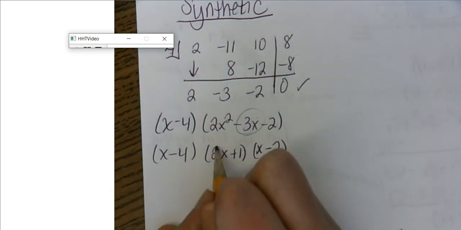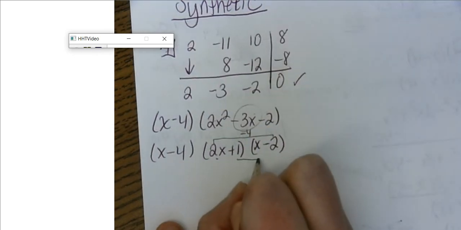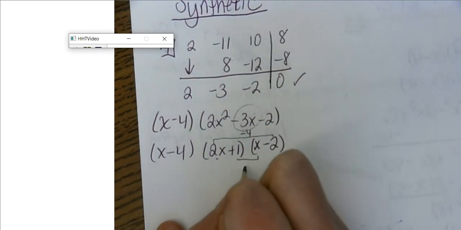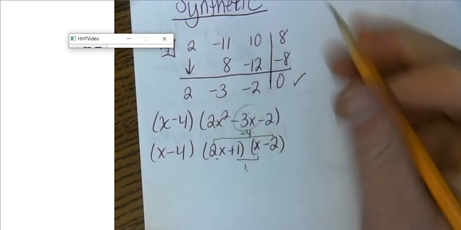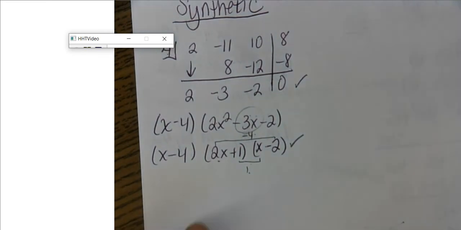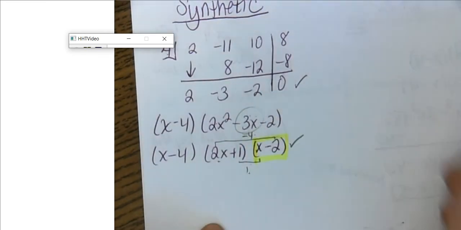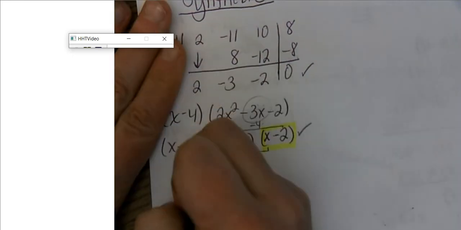So I'm going to go 2 times negative 2, which is negative 4, and 1 times 1 is equal to 1, and negative 4 plus 1 is negative 3. So this is the factorization, and the missing term ends up being x minus 2. So that is our missing dimension.